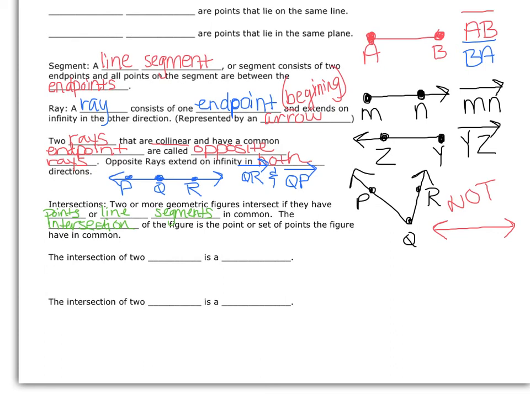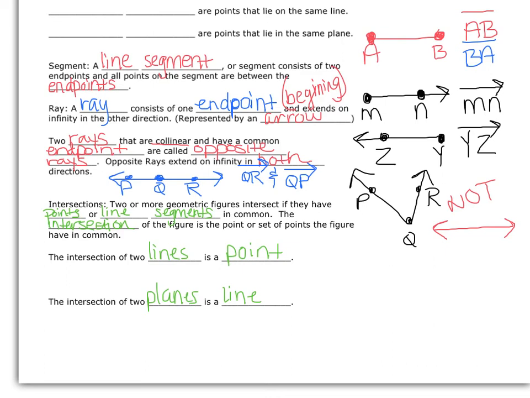So the intersection of two lines is a point. Think about how I told you everything built on itself. We start at point, then we go to line, and then we go to plane. Eventually we're going to build a bunch of planes together, and 6 planes make a cube and stuff like that. The intersection of two planes is a line.